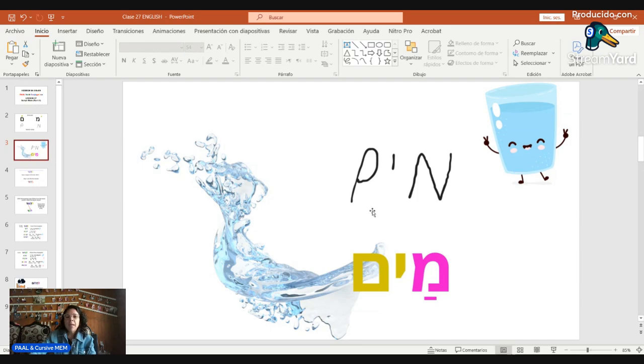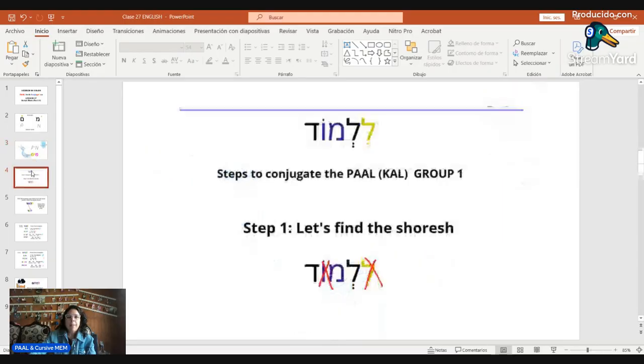Just a reminder that in cursive, we don't add vowels. No vowels. Now we are going to learn how to conjugate the group that in Hebrew is called PAAL, or kal.